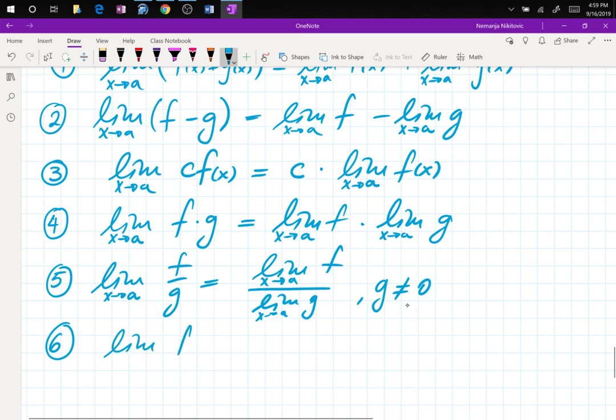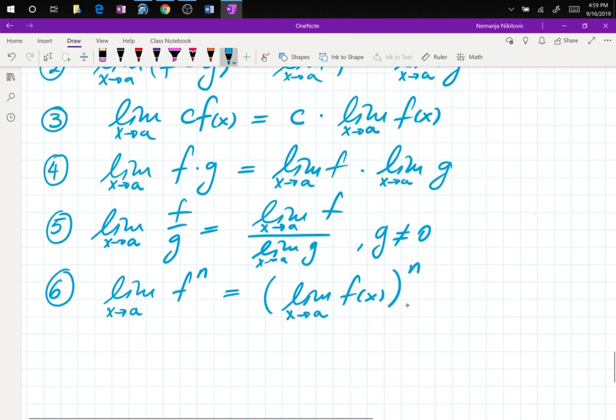If you have the limit of a function to any kind of exponent, you have to know what flavors you have here. First, you can do the limit of f of x, and then when you are done with that limit, you can apply that exponent. So these are the rules.